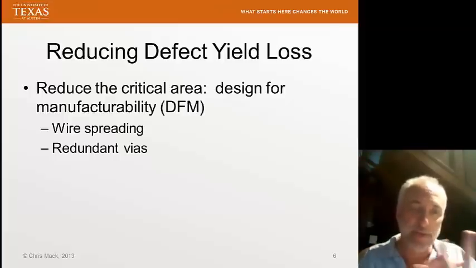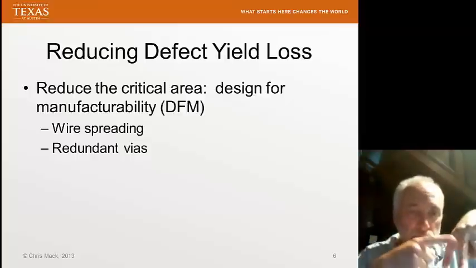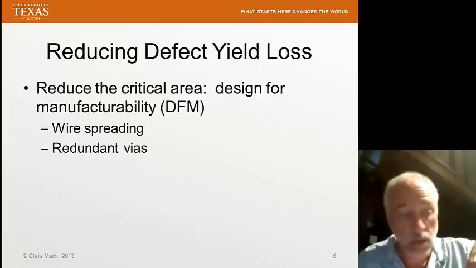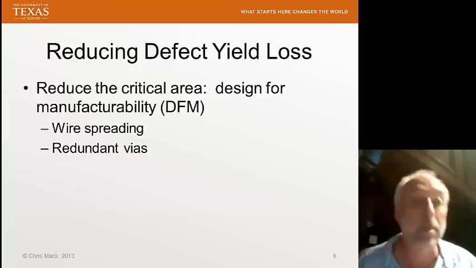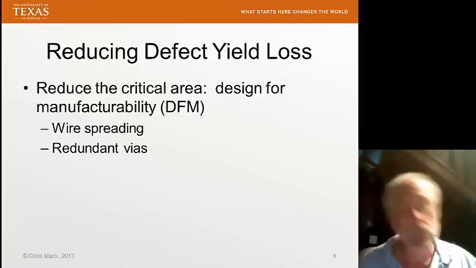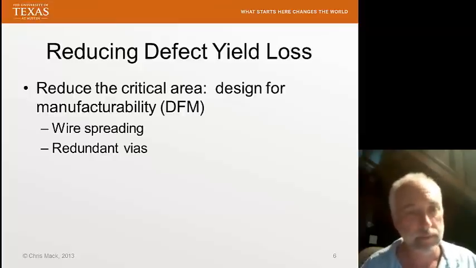I could spread the wires out. A defect that lands and crosses 2 wires will cause a short circuit. But if I spread those out, that same size defect won't be able to cause a short circuit. And therefore, once these wires are spread far enough apart from each other, they no longer become part of the critical area.